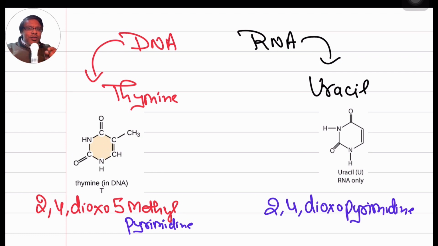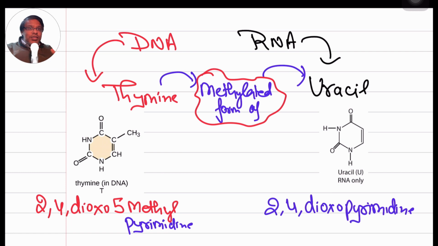In thymine, you have a 5-methyl group, while in uracil the 5-methyl group is absent. So you can say thymine is actually the methylated form of uracil. There is one difference of a methyl group. Thymine is generally found in DNA, and uracil is generally found in RNA. Keep in mind that thymine is the methylated form of uracil.